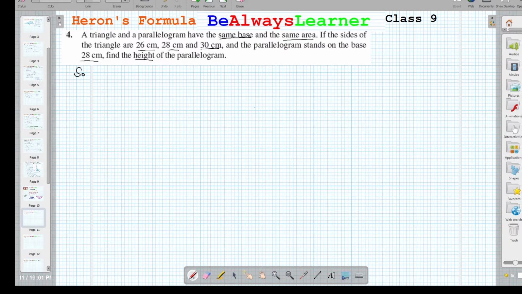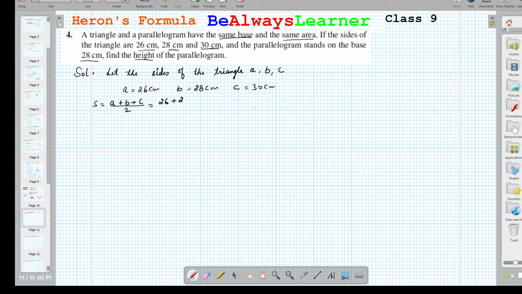So the solution we are proposing: let the sides of the triangle be A, B, C. So we have the value of A as 26 centimeters, B as 28 centimeters and C as 30 centimeters. ये साइड्स ट्राइंगल की गिवन हैं। हमें निकालना है एरिया। हीरोन्स फॉर्मूला के लिए हमें सेमी पेरीमीटर की जरूरत पड़ेगी। उसका फॉर्मूला होता है एडिशन ऑफ ऑल द साइड्स ऑफ अ ट्राइंगल डिवाइड बाय 2। So this will be 26 plus 28 plus 30, and divide the complete term by 2.